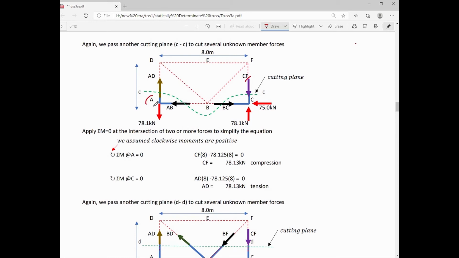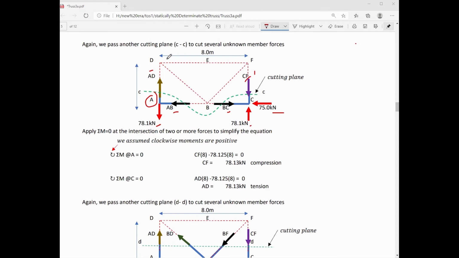So if we select joint A as our moment center, we can observe that AD, AB, the vertical reaction at point A, BC, and the horizontal reaction at point C will pass through, and those forces will not create moment. The only forces that will create moment with respect to point A will be CY and CF.